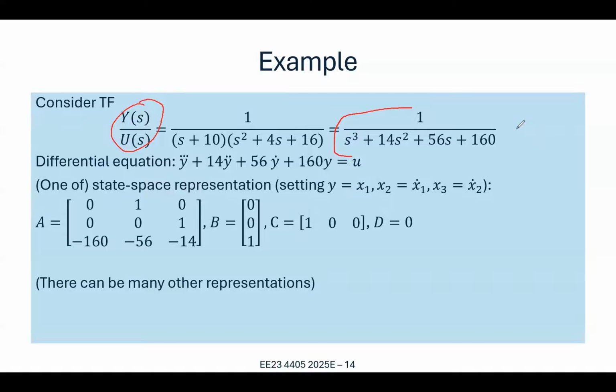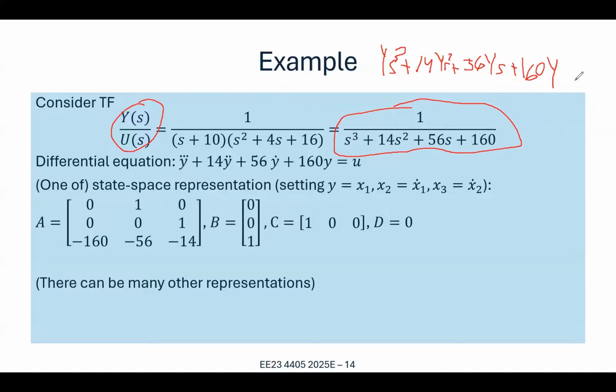Then we can just cross multiply here. So of course we have y times s cubed plus 14y s squared plus 56ys plus 160y, and this is equal to u.